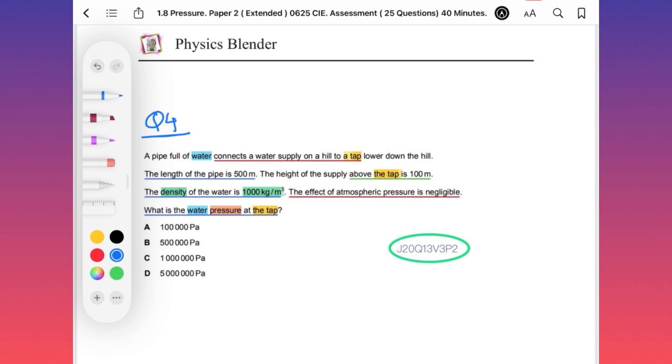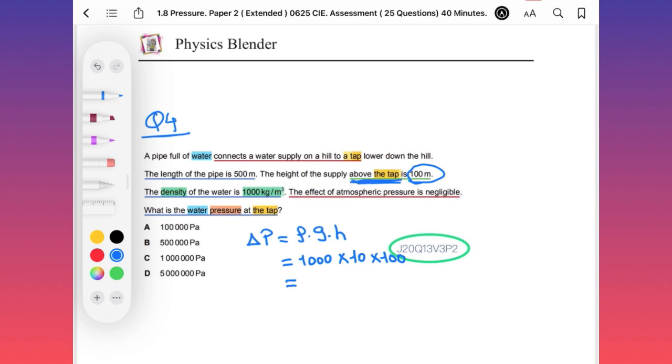So in this case, applying our equation, delta P is equal to rho g h. The density of water is given, times g, times 100 meters only, which is the height of water, the vertical height of water above the tap.